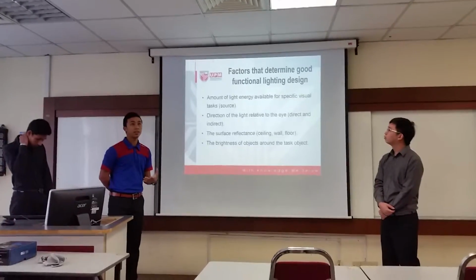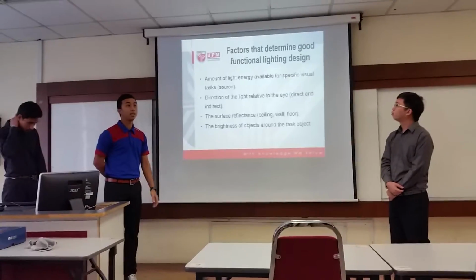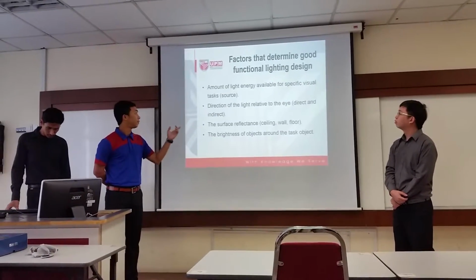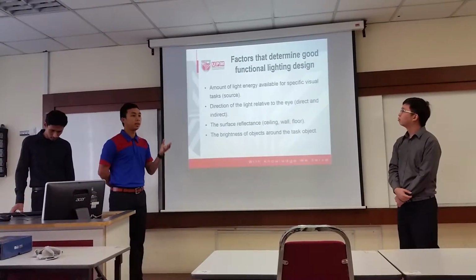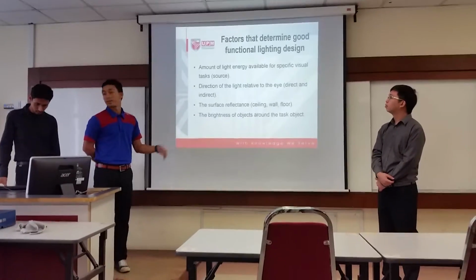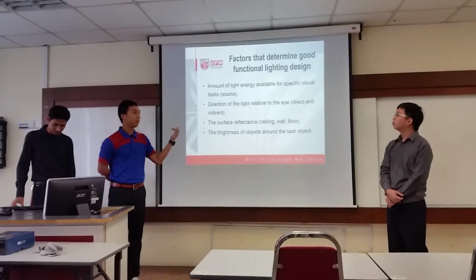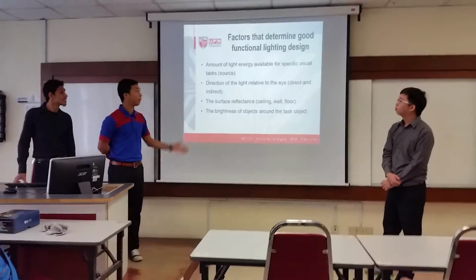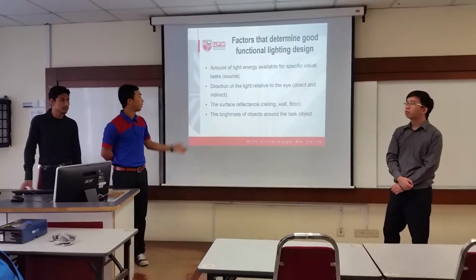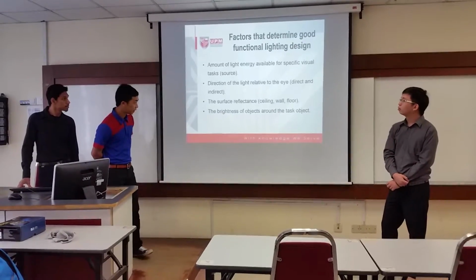Direct lighting is, for example in our daily life, the light we get directly from the sun, and indirect is the light that has been reflected from many things such as the floor and ceiling.